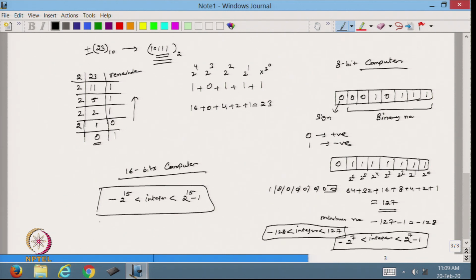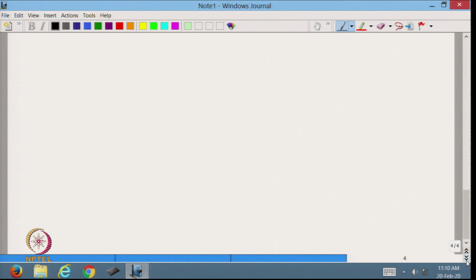Accordingly, you can check for the 64-bit computer, the present computer: it will go up to 2 raised to power 63 minus 1, and the lower limit is minus 2 raised to power 63. So you can see that a very big number we can deal with on the present computer. So that is how we can define the integer.